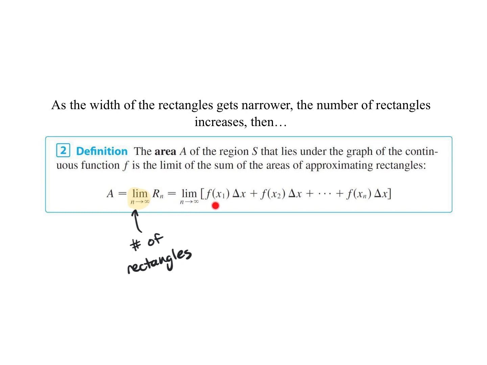And then we have f of x sub 1 times delta x plus f of x sub 2 times delta x. So notice that each of these are simply the height of the rectangle, and delta x right here is simply the width of our rectangle.